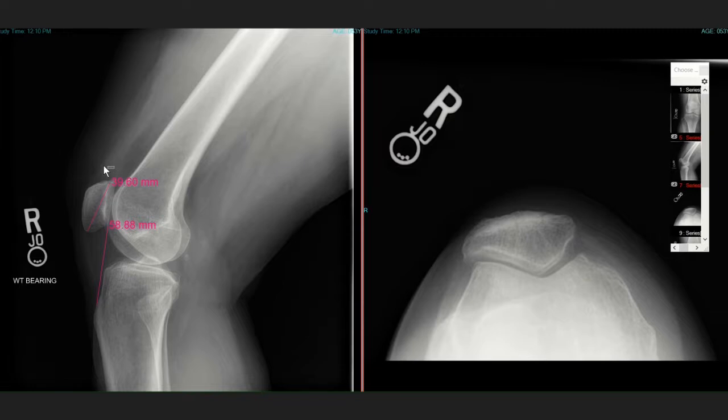So according to OrthoBullets, one of the anatomic variant risk factors that predisposes to patellar instability is patella alta, and we have confirmed indeed in this examinee, the examinee does indeed have patella alta, okay, with an Insall-Salvati ratio far outside the normal limit of 1.2. Her ratio is 1.48, okay?